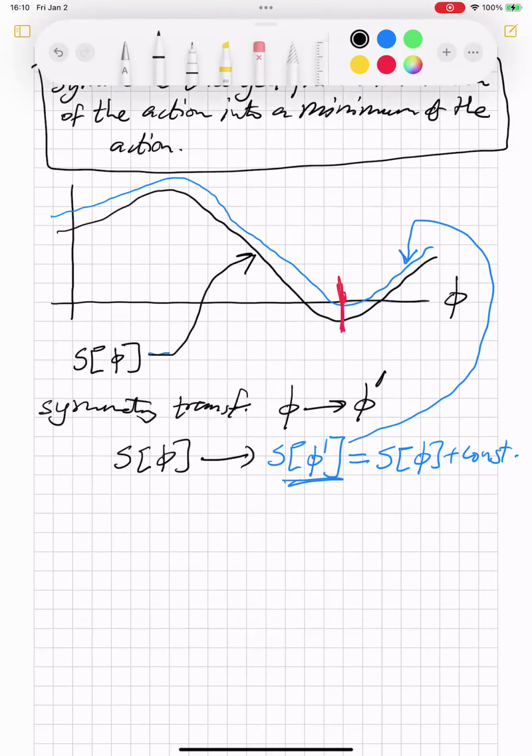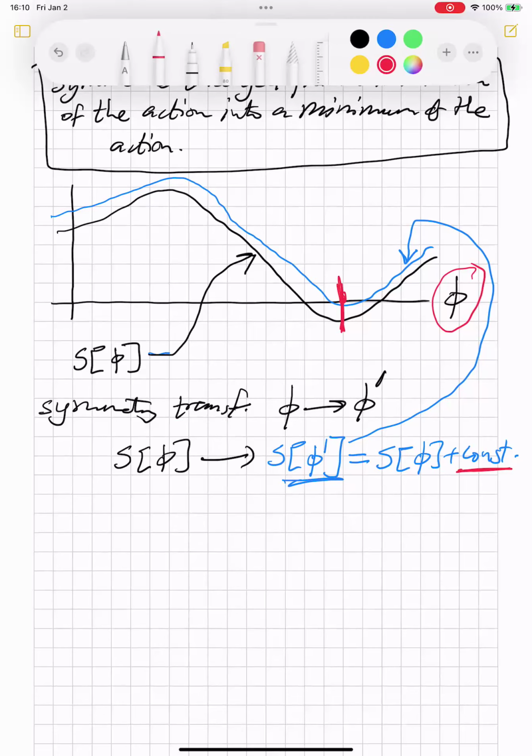Now, when we say here constant, we mean constant with respect to what? Well, we mean constant with respect to phi. So let's just talk about this horizontal axis phi. When we write phi here, we're actually mapping out different fields phi. So each point here is a function. It assigns a value to every single event in space-time. So it's the full function. So this would be a massive space, the space of all possible functions in our space-time.